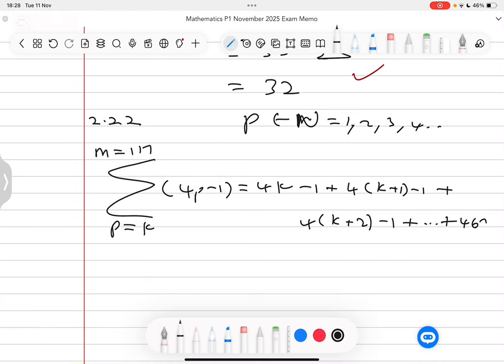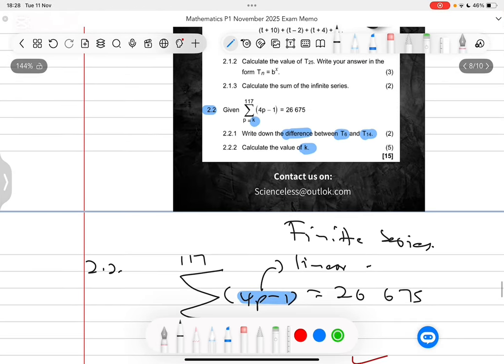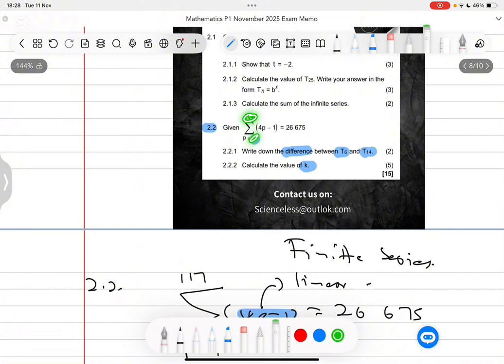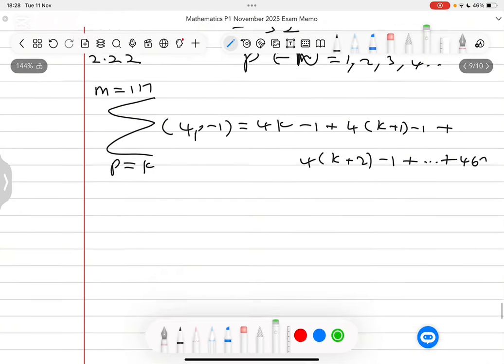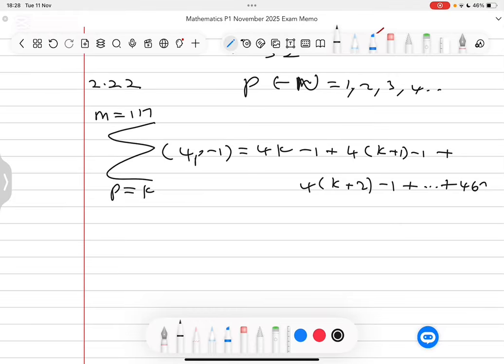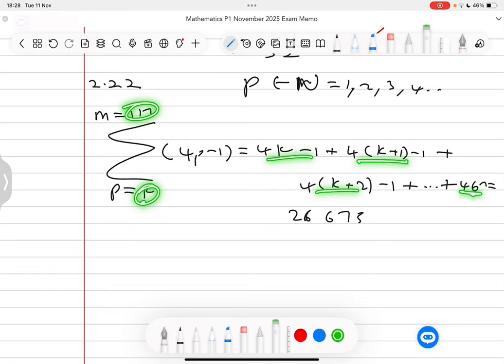And we are saying that here, remember we are told that if we add these terms from k to 117, they add up to 26,675. So that means this will be equal to, if you add all those, you should get 26,675. So if we add all these terms from p equals k until 117, because it's a finite series, it ends, we should get a sum of 26,675.